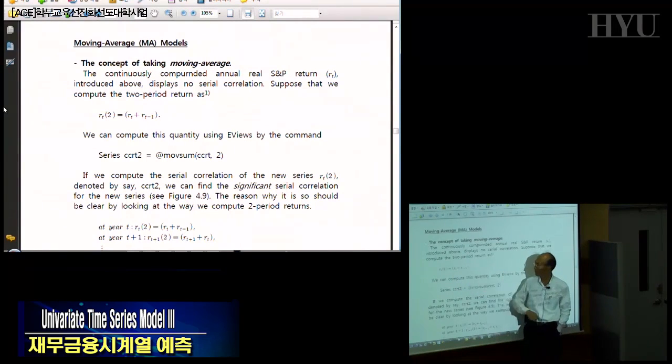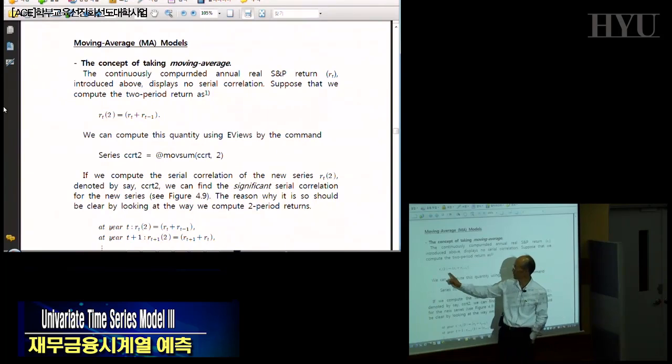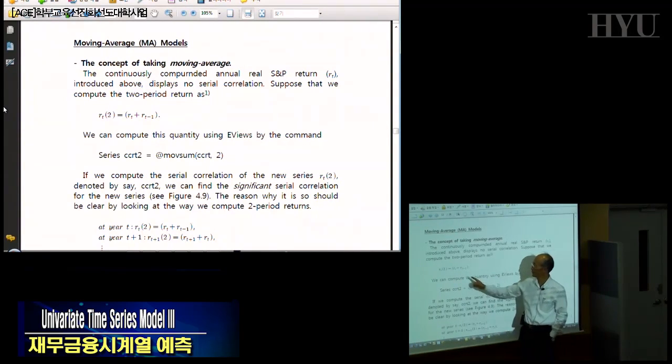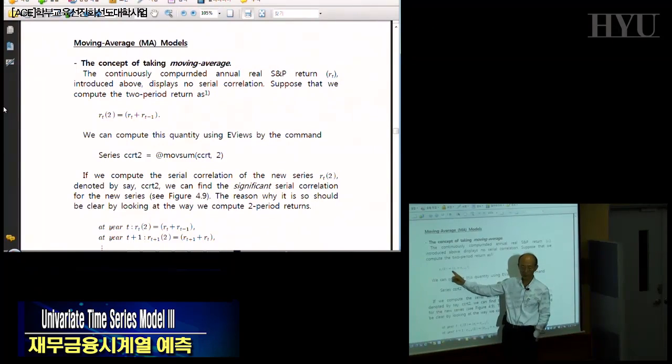Of course, you can construct r_t plus 1, 2, where you're adding r_t plus 1 and r_t. Right? So you can do that. So you have 1 year return sequence as original data. Okay? You are computing this two holding period return in this way.